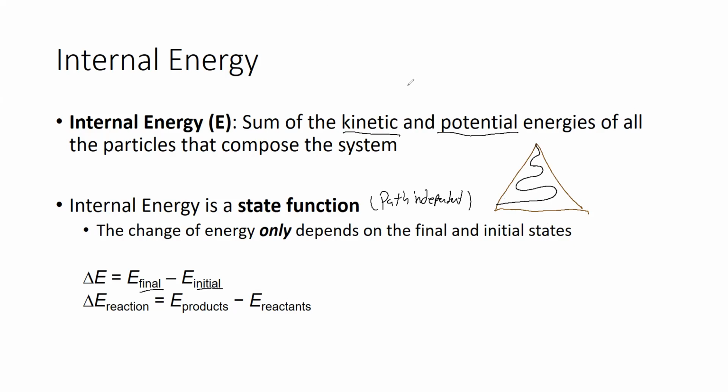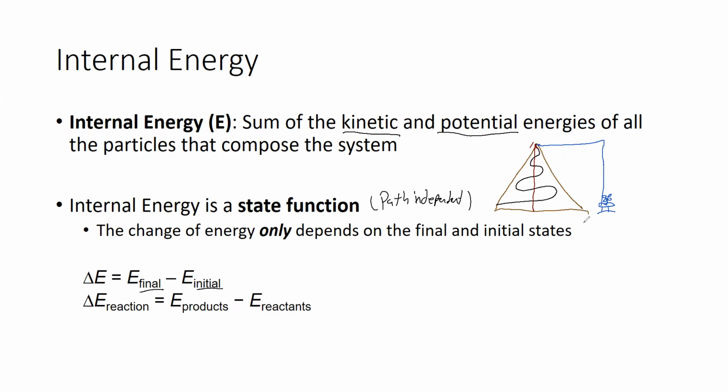Person 2 just goes straight up. They don't need a switchback. Person 3, let's not use Brown because Brown's the mountain, person 3 hires a helicopter. That's my helicopter, folks. You're welcome. So person 3 hires a helicopter, flies up, and gets dropped off at the top of the mountain.